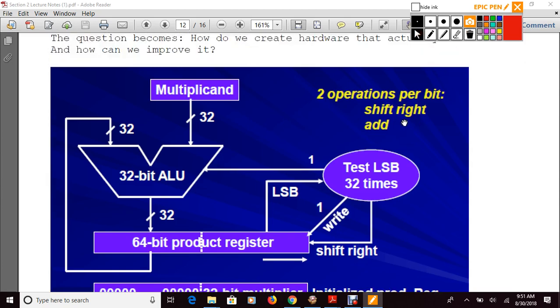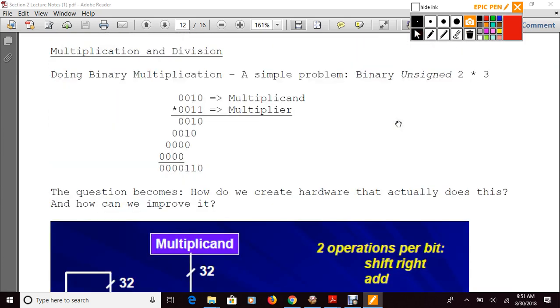Sure. Where did you get that second 0010? I understand that the first one you just got from multiplying. Yep. So what's the term I've been hammering in? It's BS, but a different kind of BS: bit shift, right? So here you bit shift, and then you multiply this by 1, and since it's 1, you're getting 0010.